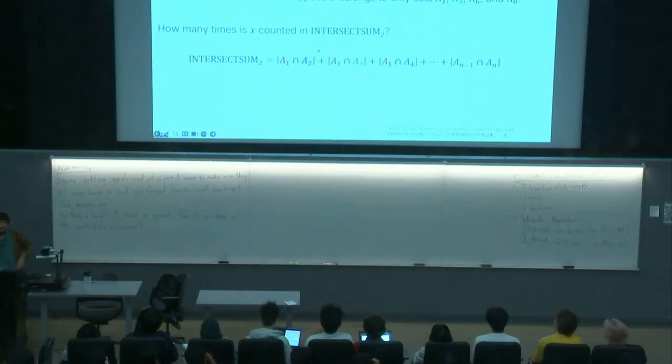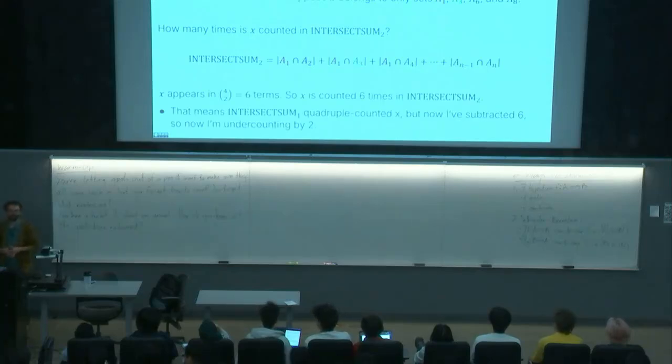It does not belong to set A2. So does x belong to A1 intersect A2? No, it's not in there because it's not in A2. Okay, so not that one. How about A1 intersect A3? Yeah, it's in there. A1 intersect A4? No. So how many sets does it belong to out of all these possibilities? 6. There's 6 of them, because you have 4 choose 2. You have 1 and 3, 1 and 6, 1.